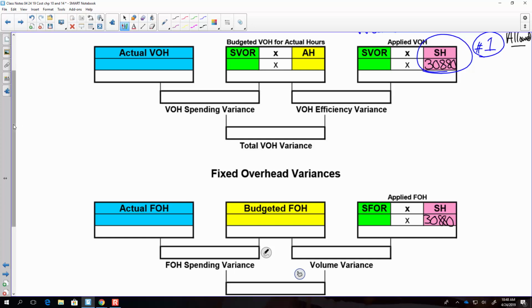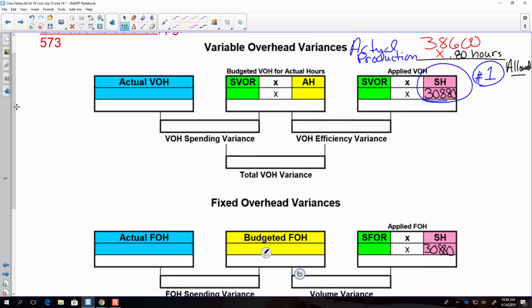All right, we're somewhat familiar with the templates. From the problem, what other numbers can I put in? The $157,700 for actual variable overhead. Yeah. So there is no computation, it's just one number.